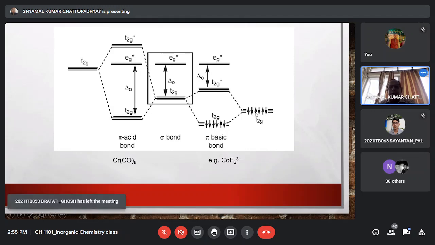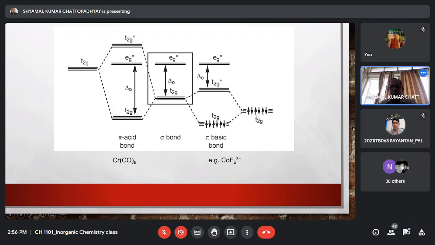So now this T2g orbital of the ligand interacts with the T2g orbital of the metal and causes a bonding orbital and an anti-bonding orbital. Now the bonding orbitals are completely filled up by the T2g electrons from the ligand. So this is basically a ligand orbital which is completely filled up. And this is the metal orbital which was initially non-bonding, but now the T2g orbital also has acquired some amount of anti-bonding character.